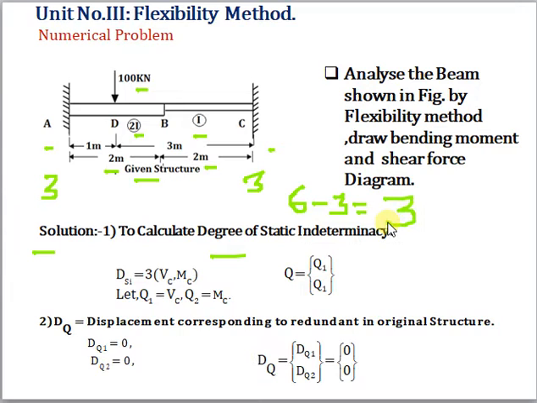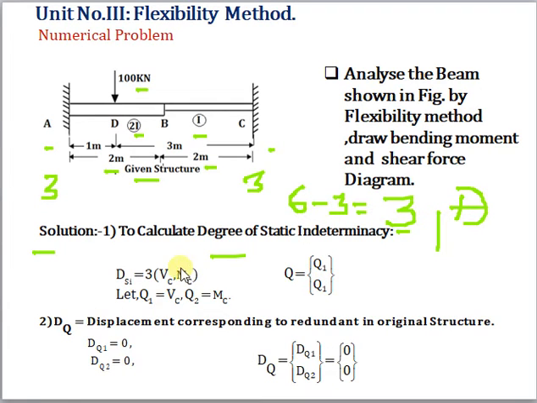static indeterminacy. But in this case, the 3 unknowns at a support are one vertical reaction, one horizontal reaction, and one moment. We are not considering the horizontal reaction.